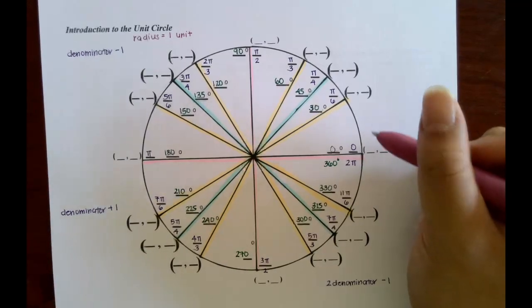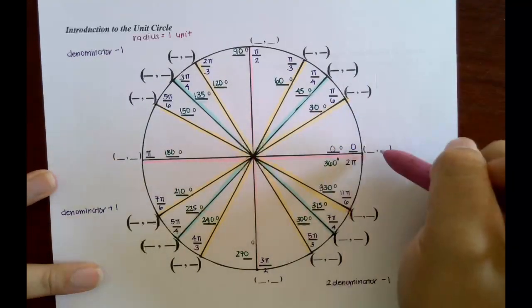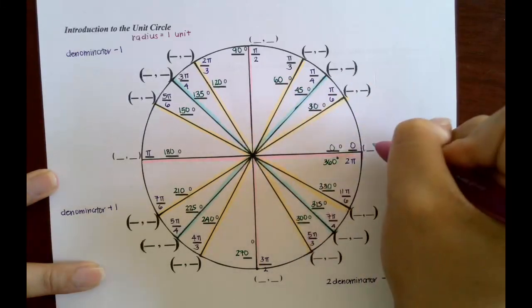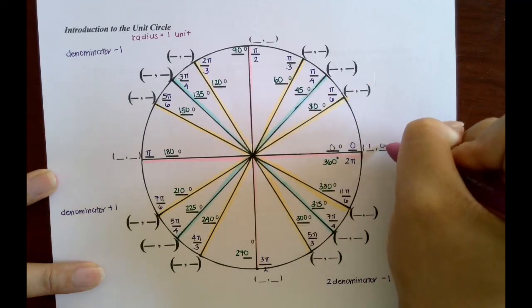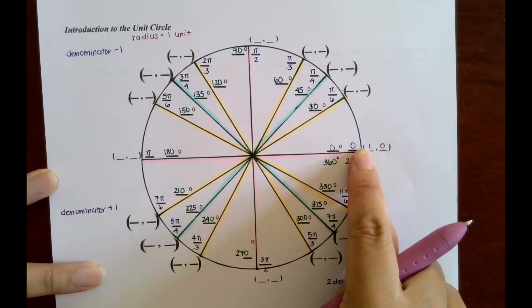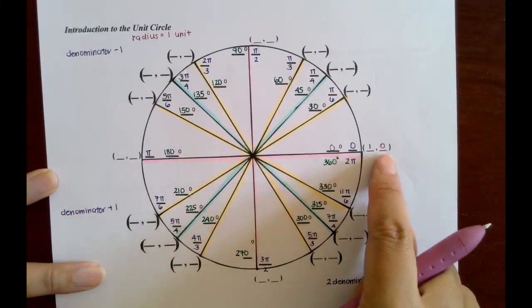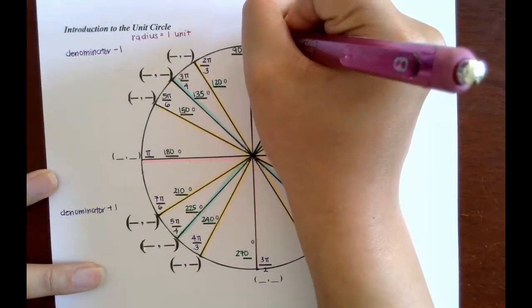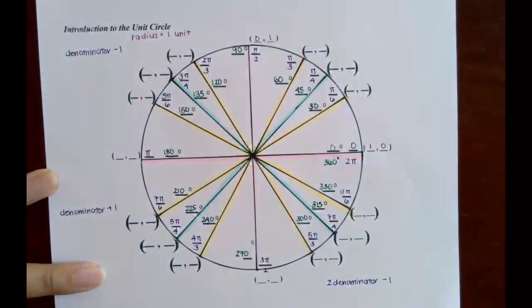So this then is 1 comma 0, right? At this point, if this was 1 away, this would be 1 comma 0. Okay? This then would be 0 comma 1. Right?